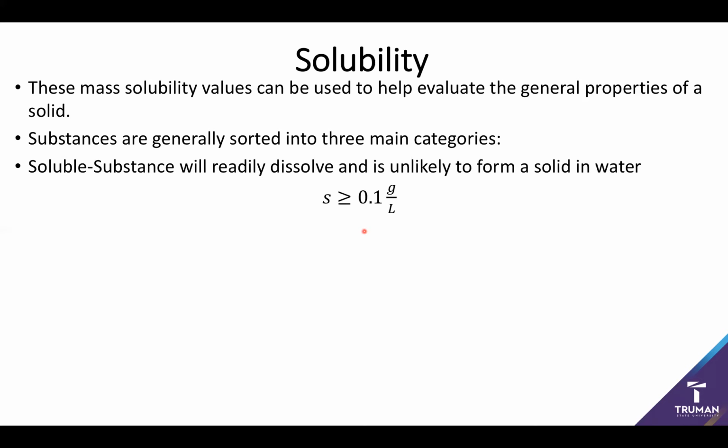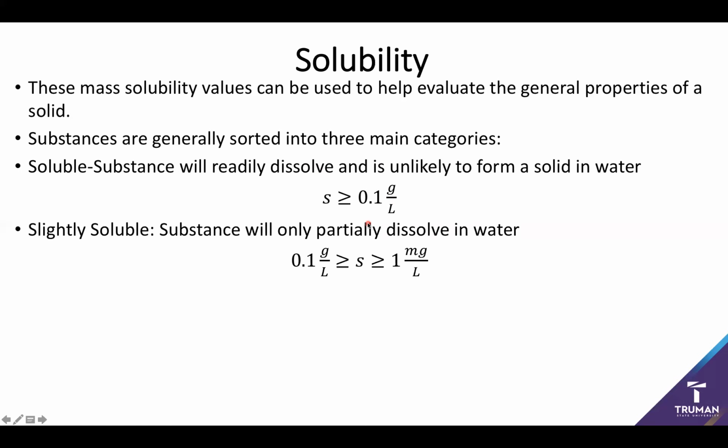A substance is considered readily soluble, and again, is unlikely to form a solid in water if its solubility is more than 0.1 gram per liter. Now, it is worth noting that this means that there are plenty of substances that are considered soluble that if I throw a single gram of it in a liter of water, not all of it will dissolve. So do keep an eye out for how low this general solubility cutoff is.